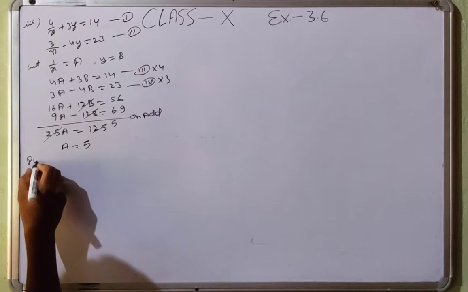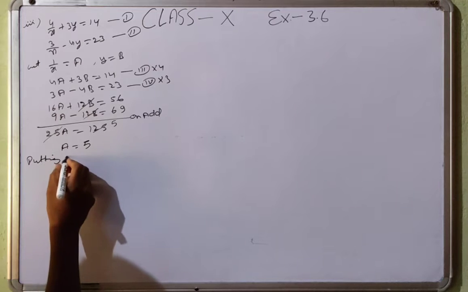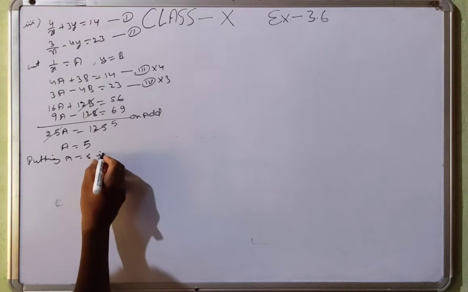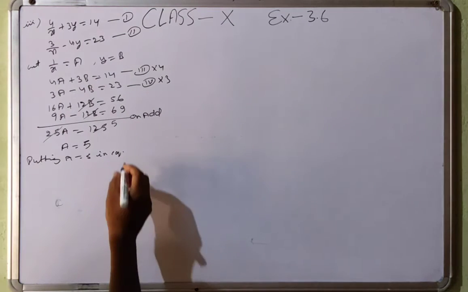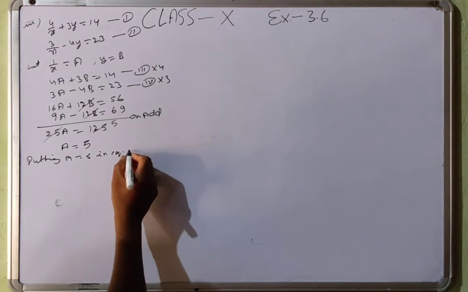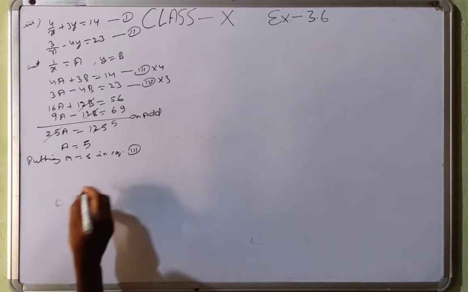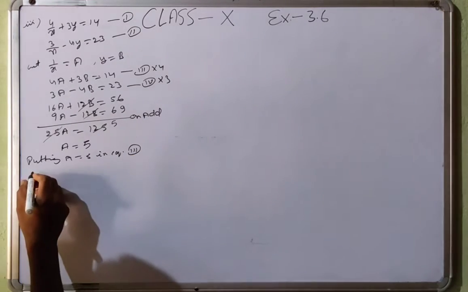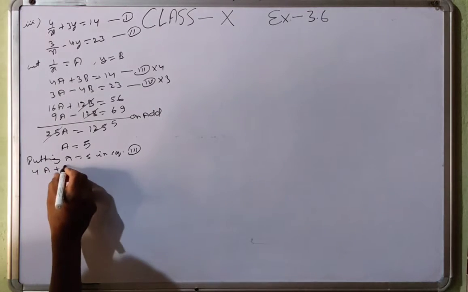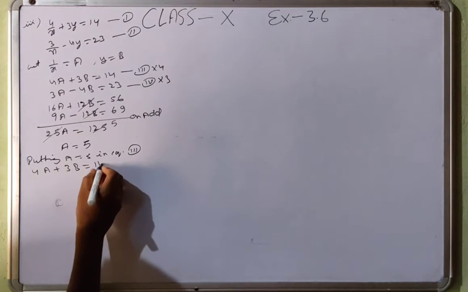Now putting a is equal to 5 in equation third or fourth. So which is better, fourth or third? You can place it in equation fourth also. So 4a plus 3b is equal to 14.